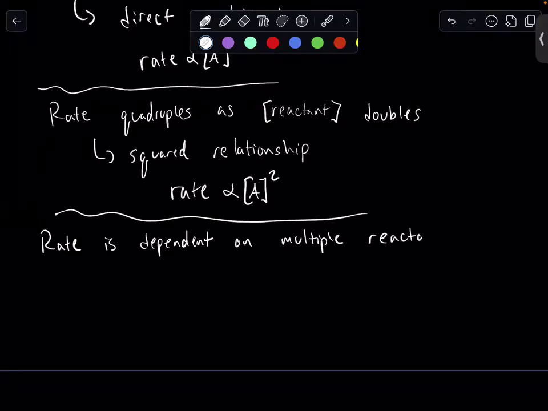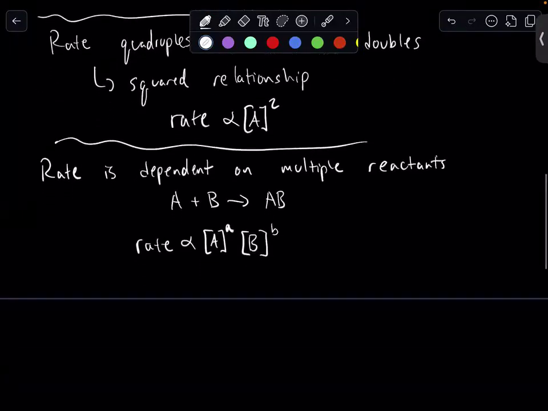So we have A and B. Maybe our equation is A plus B reacts to form AB, and maybe our rate is going to be proportional to A to some power and B to some other power. So this would be a more generic rate equation.